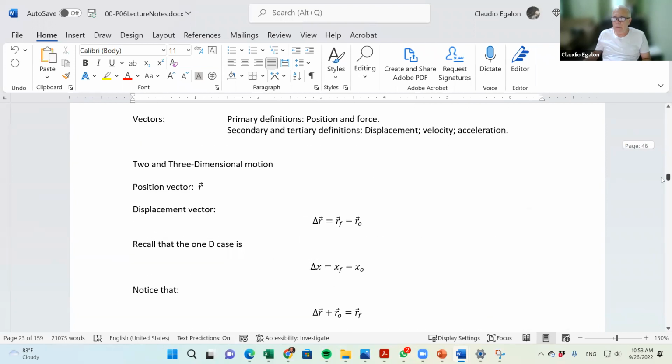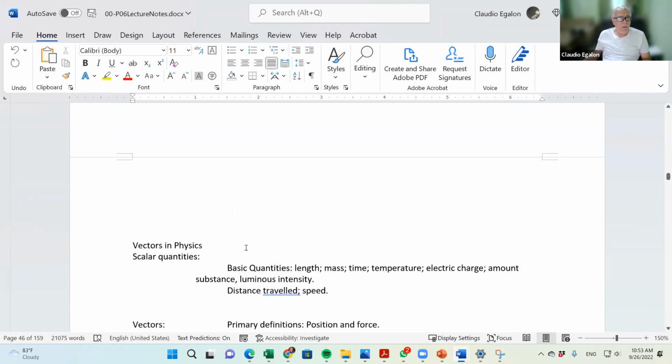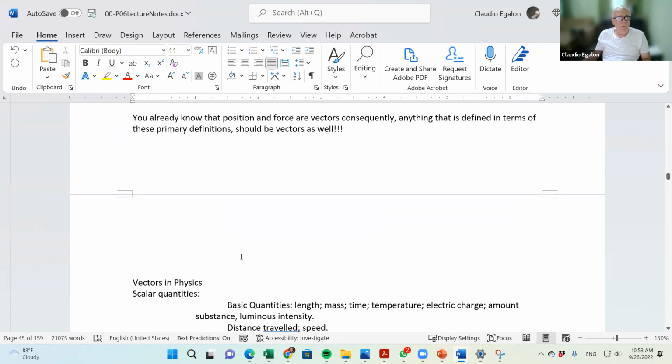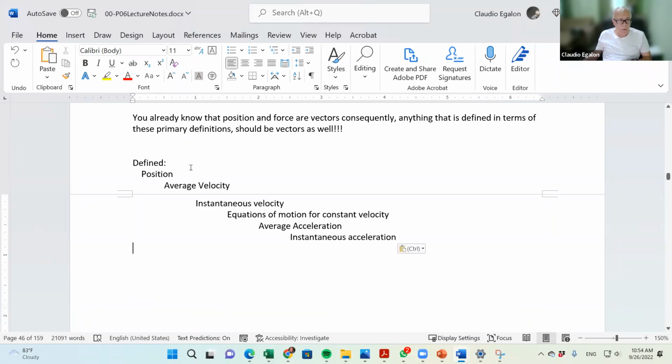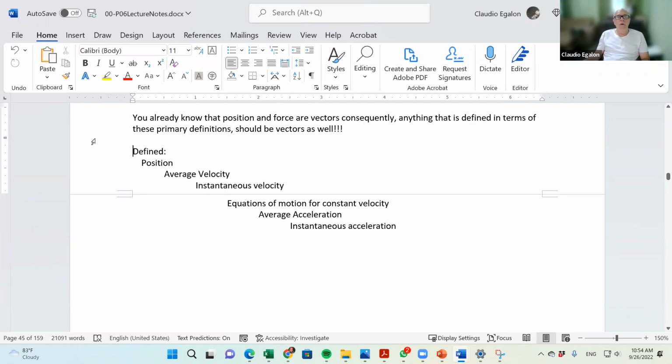When we were doing one-dimensional motion, I didn't bother defining vectors because it's just one-dimensional motion, right? One-dimensional motion doesn't require vectorial treatment. But now that we are going to start talking about two-dimensional motion, we need to worry about the vectorial behavior of certain definitions that we have in physics.